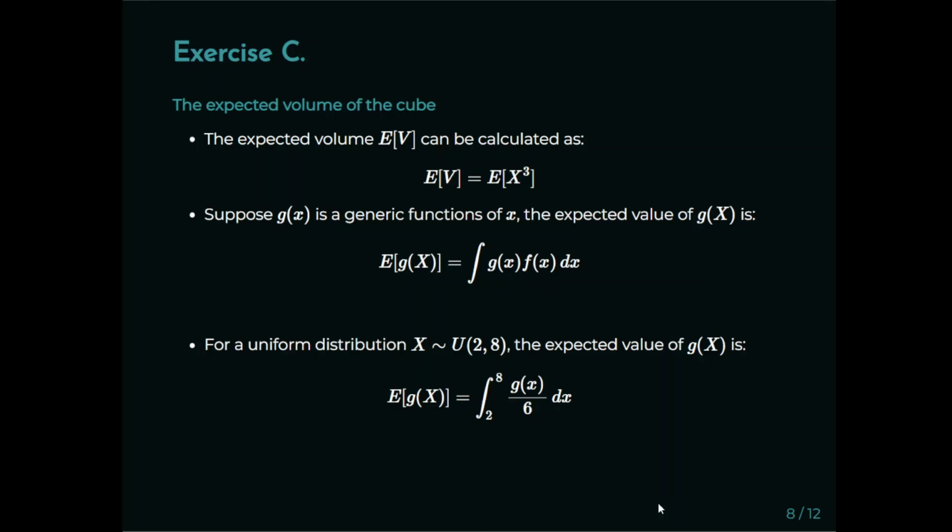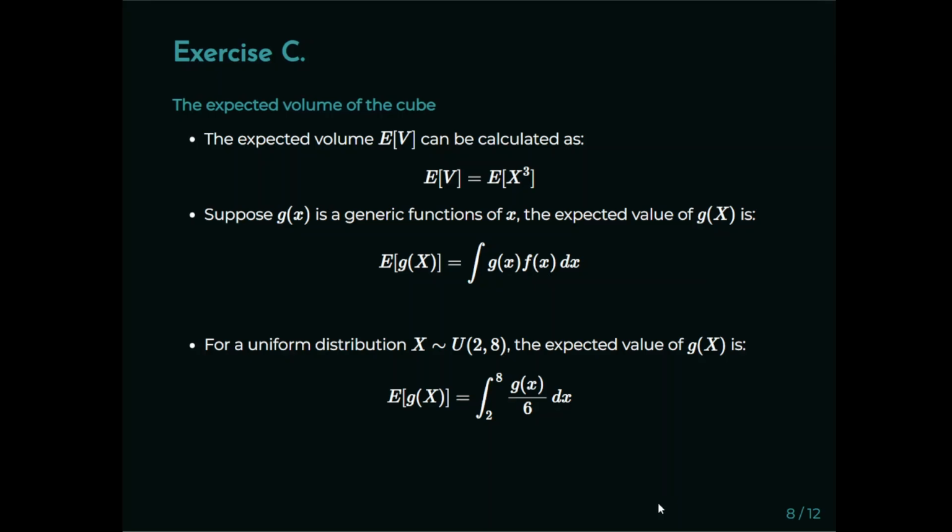So for this example, for a uniform distribution where x is a uniform random variable on the interval 2 to 8, the expected value of g(x) is the integral from 2 to 8 of g(x) divided by 6 dx. You can take that constant term out. Just as a quick remark, the uniform distribution is defined by this upper and lower bound.